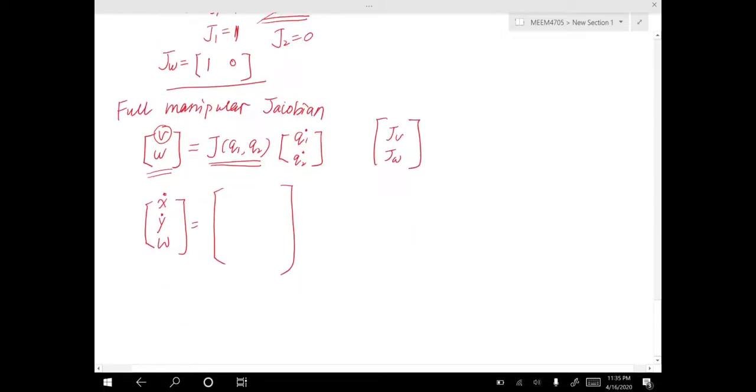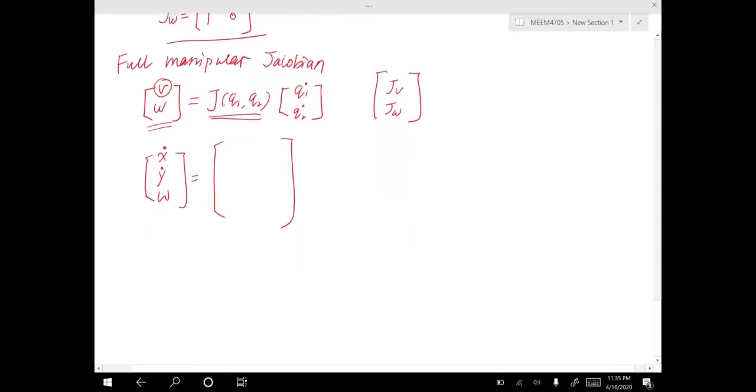So the full manipulator Jacobian is negative q2 times sine q1, and this term is cosine q1, and this term is q2 times cosine q1, and here this term is sine q1, and this is 1 and this is 0, times q1 dot and q2 dot.